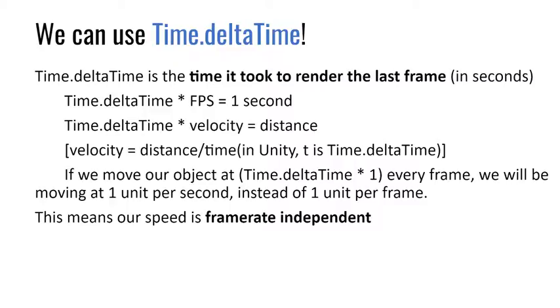And that means that the speed will be frame rate independent, because if it's at 100 frames per second or 10 frames per second, it'll always move the same distance every second, which is what you should want. Any questions?